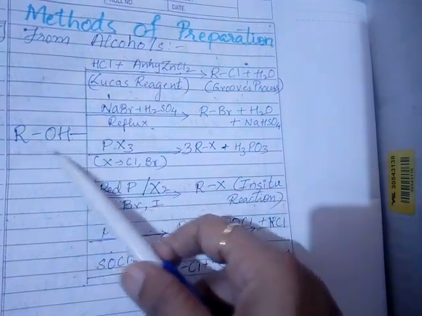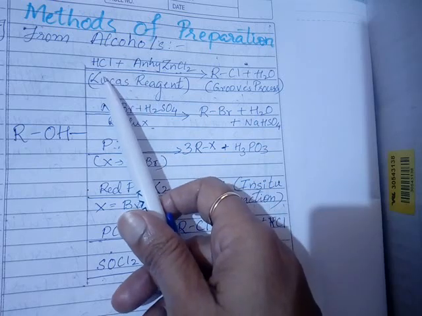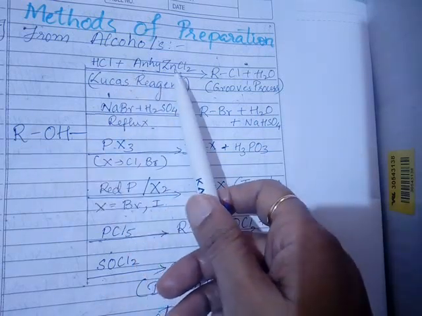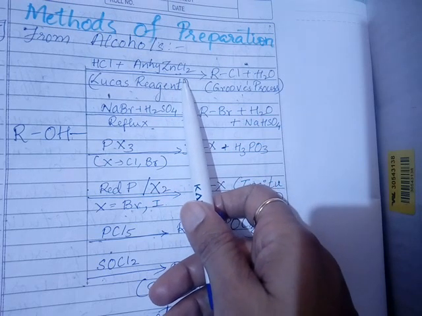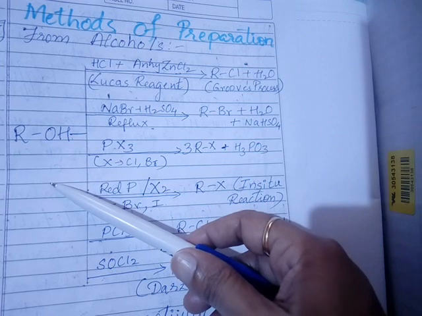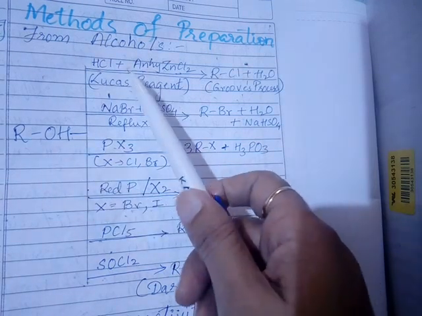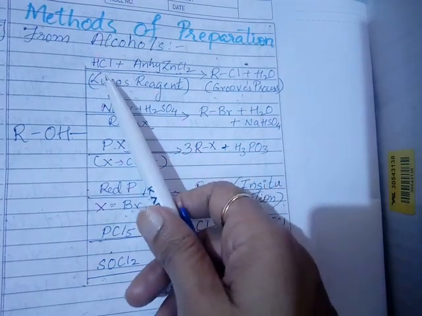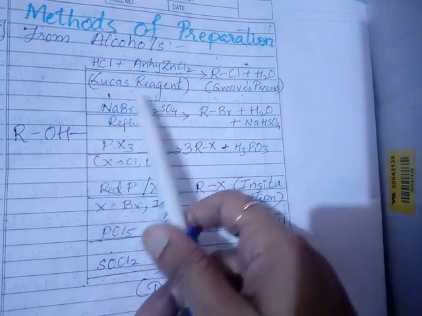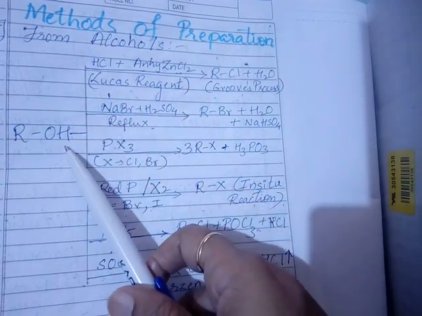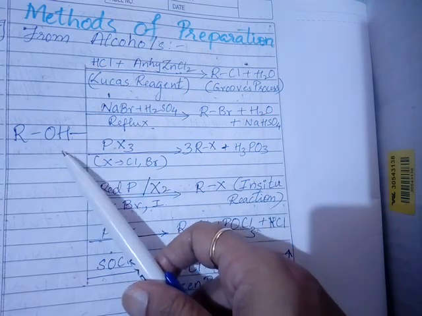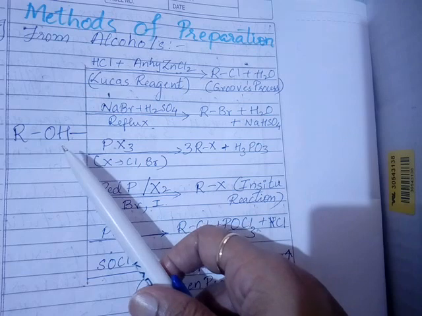Primary, secondary and tertiary alcohols react in different ways with the Lucas reagent, hence it acts as a distinguishing test for alcohols, which you will study in the alcohols chapter.